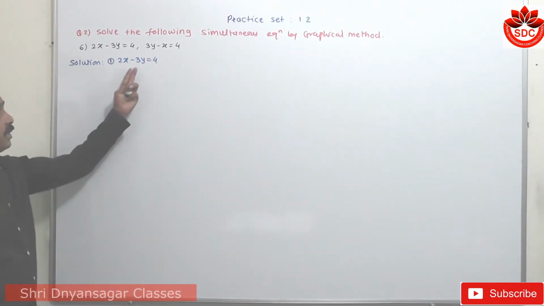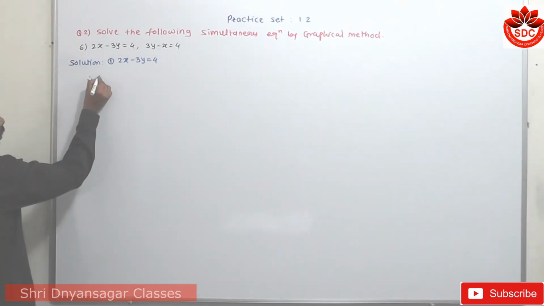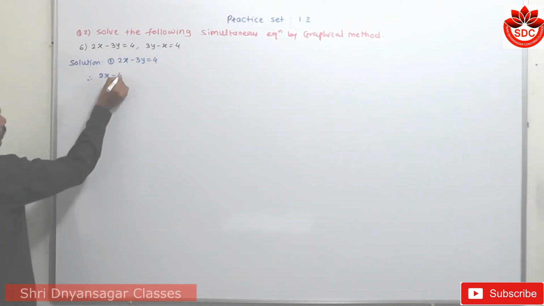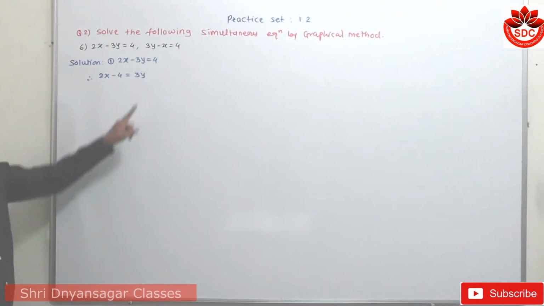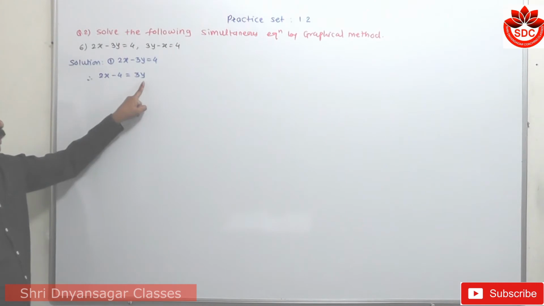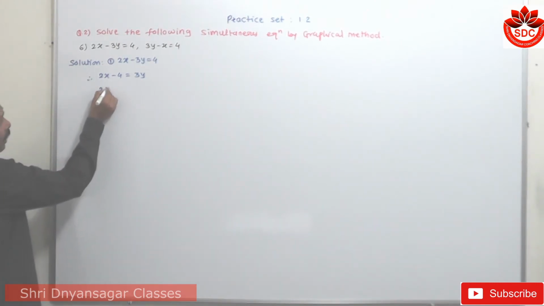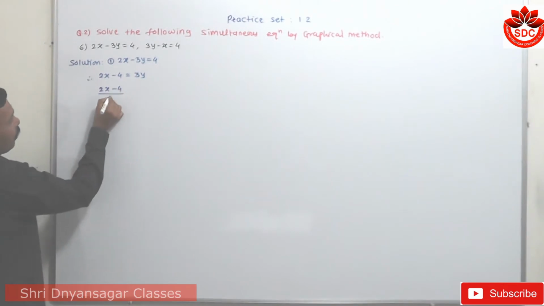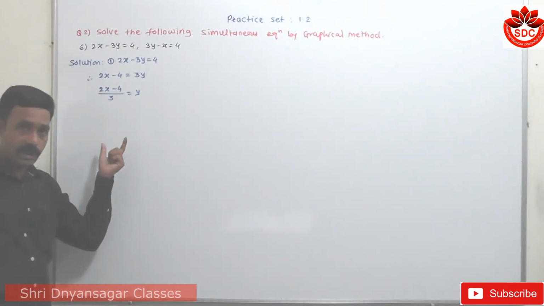I have to transpose minus 3y to this side and 4 to the other side. We get 2x minus 4 is equal to plus 3y. Can you understand? This minus is converted to plus. Again this 3 goes to the denominator, so we get (2x minus 4) upon 3 is equal to y. This is the equation.